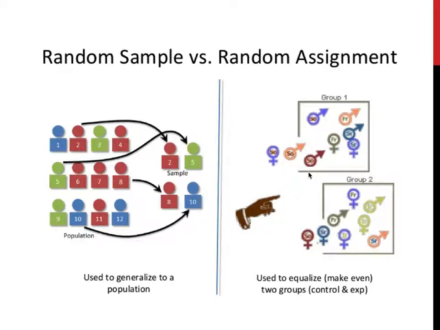In this example, you can see how they're looking at gender and some other icons, though I don't know what SO and FR stand for here, but you can see that they're organizing people by gender. By randomly assigning people into these two groups, we're hoping to get some sense of equal representation in each one.